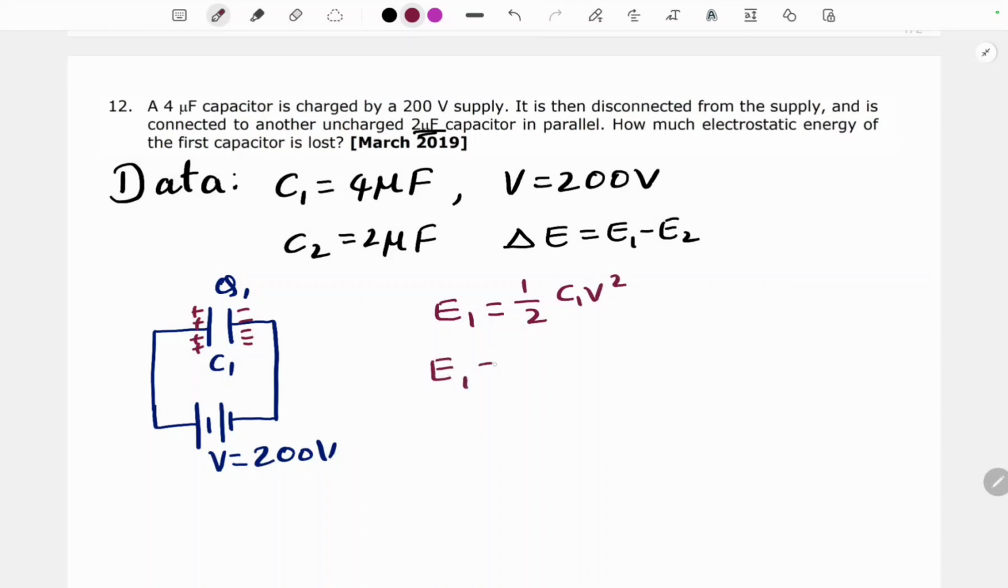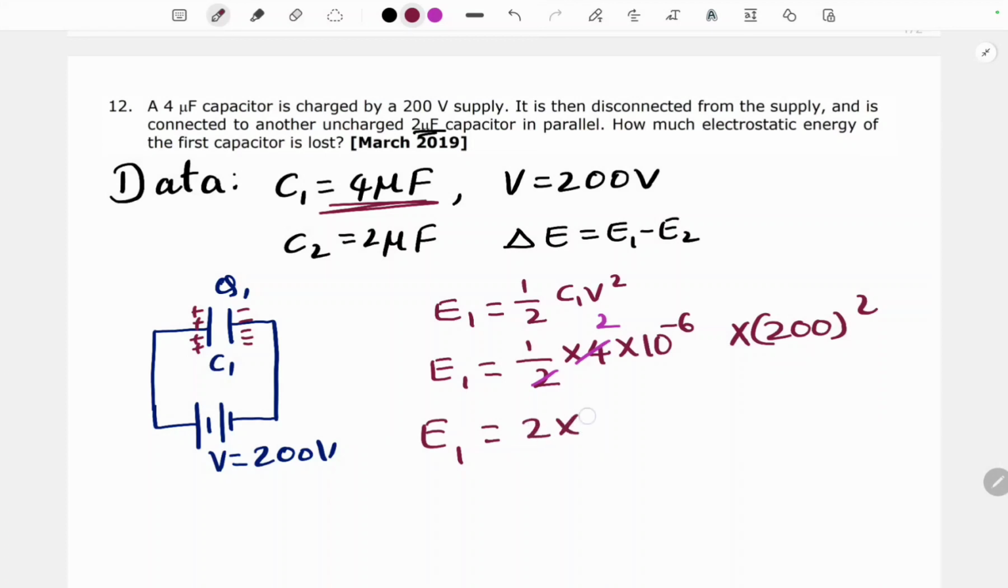So E1 is equal to 1 divided by 2, C1 is 4 microfarad, into V square, 200 volts square. Now here you can cancel, 2 2s are 4, so we will get E1 is equal to 2 into 10 to the power minus 4 into 200 square, that is 40,000.